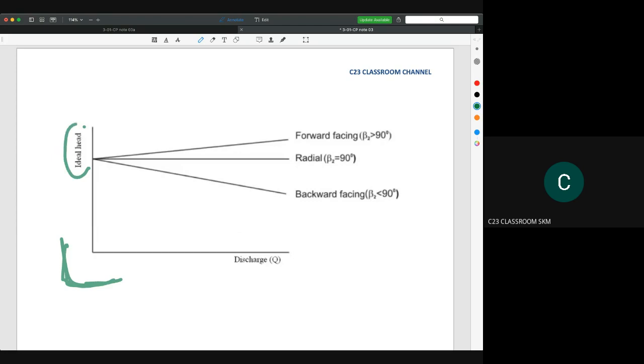This is the head here. Head means the capability of the pump to transfer liquid from a lower to a higher level. And the discharge here means the flow rate.